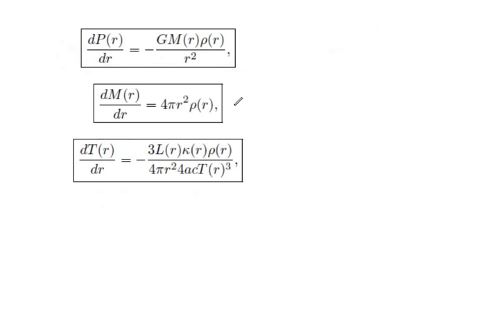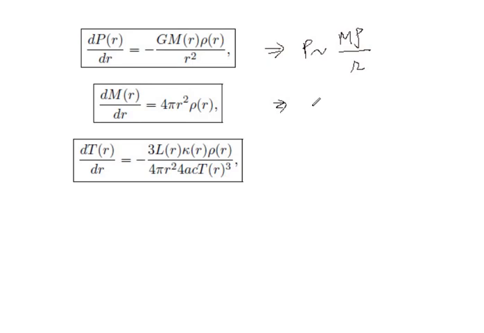You see, I have written down the first three stellar structure equations, and you will observe that this basically becomes P of the order of M rho by r.